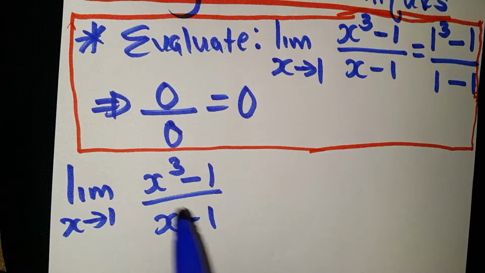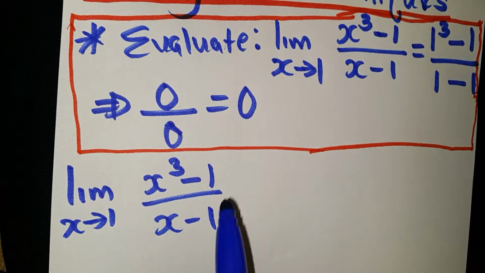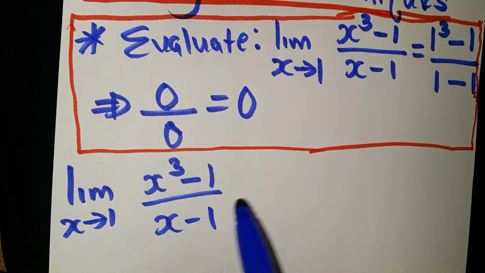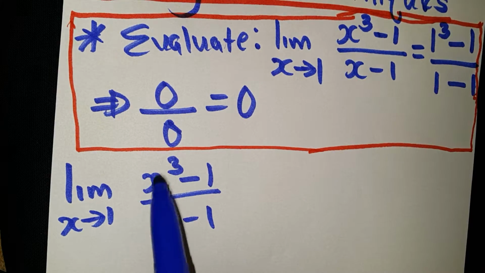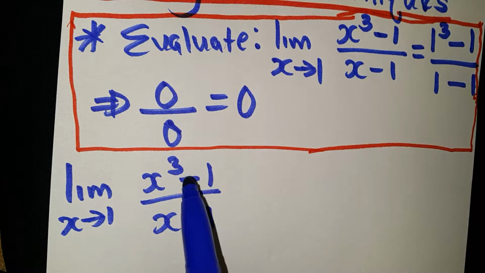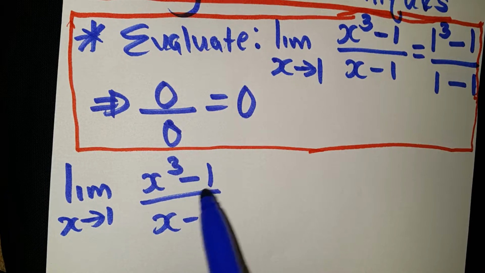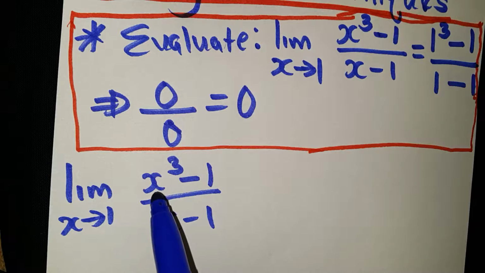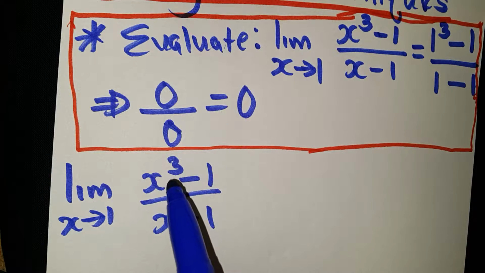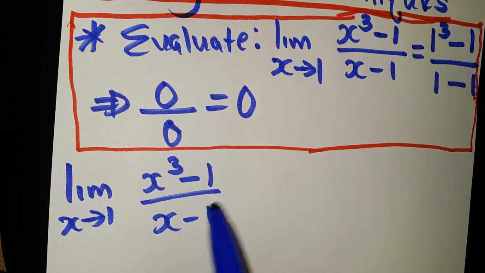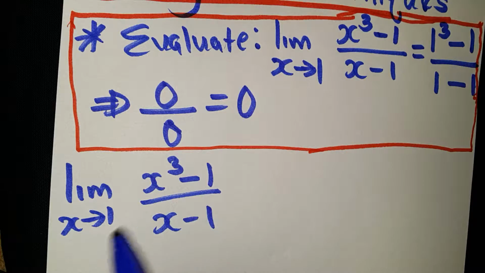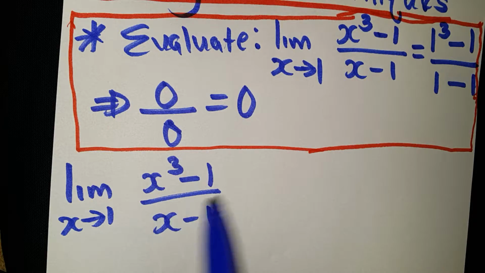What we have to do is expand this function. Just look at the limit and check your function and see where there is power. In this case, we have power in the numerator, not in the denominator. So we have it here.